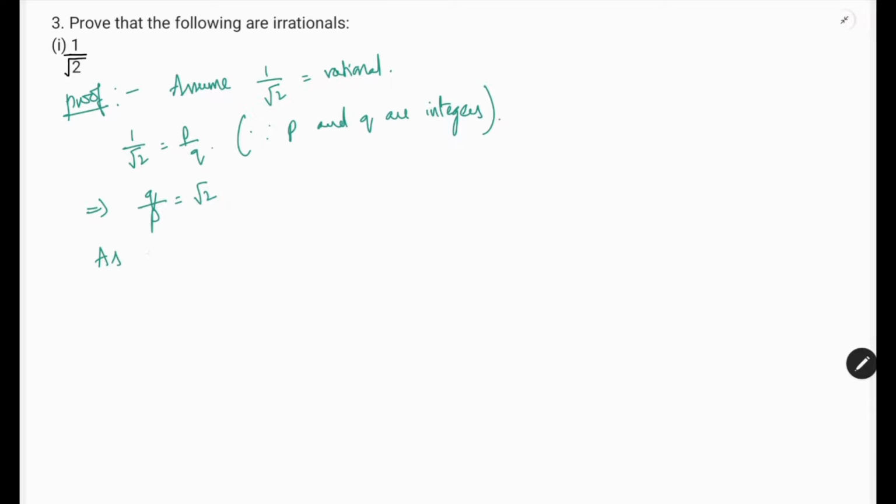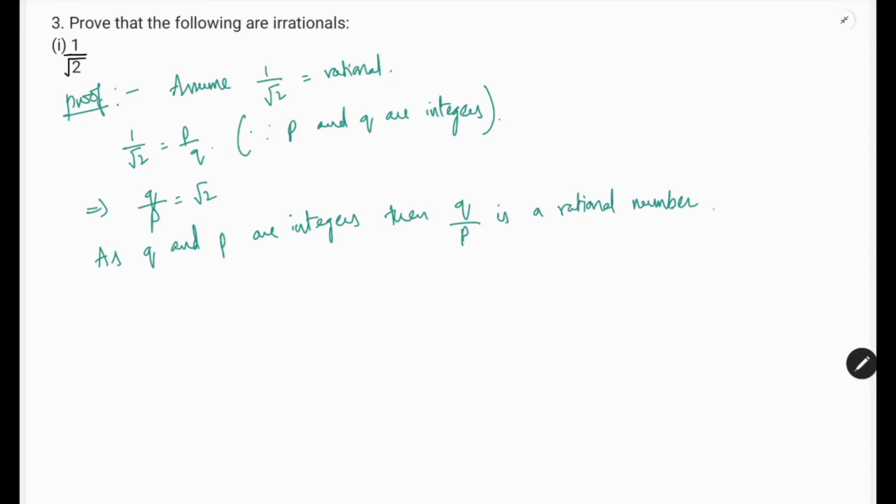So as q and p are integers, then q by p is a rational number. When you divide q by p, you will get a rational number as the answer.